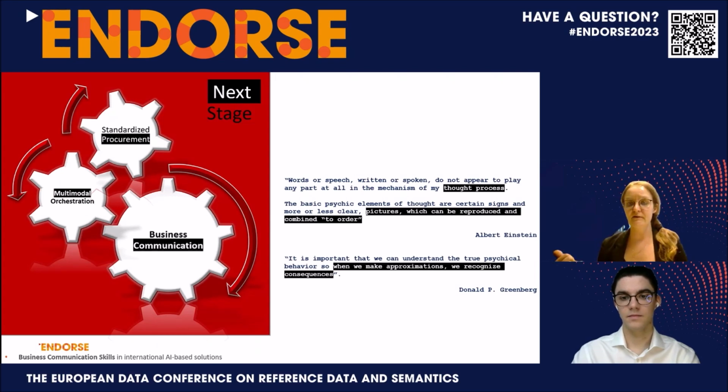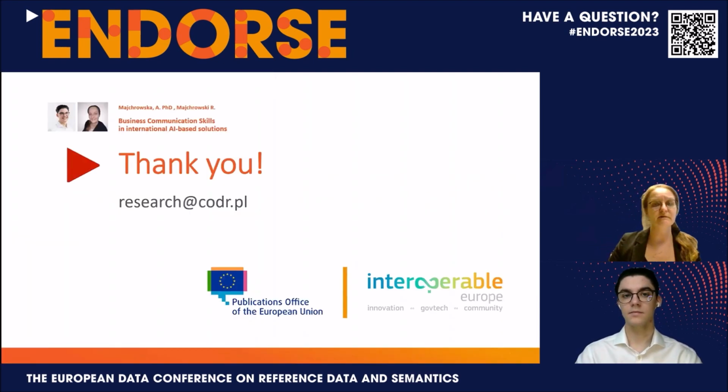The basic physics elements of thoughts are certain signs and more or less clear pictures which can be reproduced and combined to order. And the second quotation: it is important that we can understand the true physical behavior. So when we make approximations, we recognize consequences.